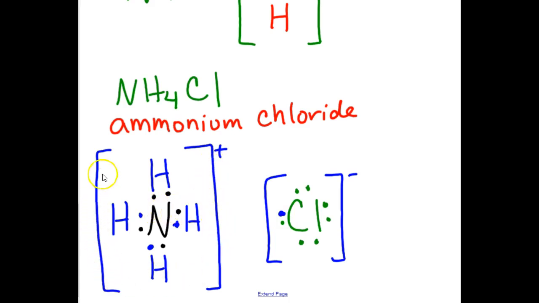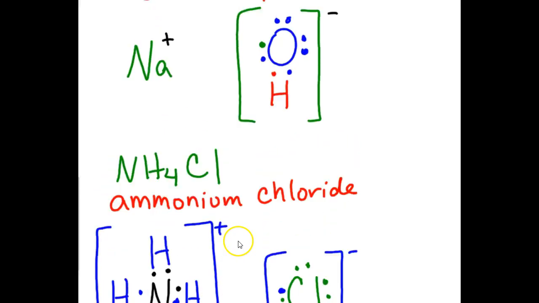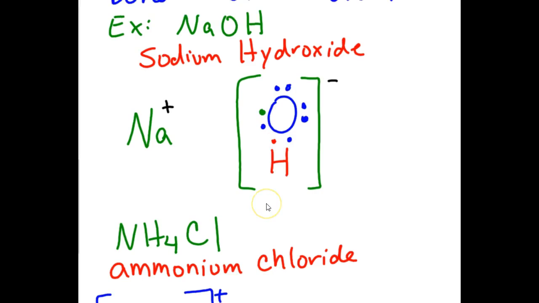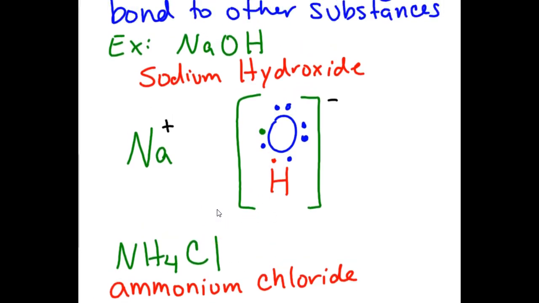This is an H+ ion because this hydrogen has 1 fewer electron than it started out with. And Cl is a -1 charge because it gains that 1 electron. So here's an example of a positive polyatomic ion, and this is an example of a negative polyatomic ion.